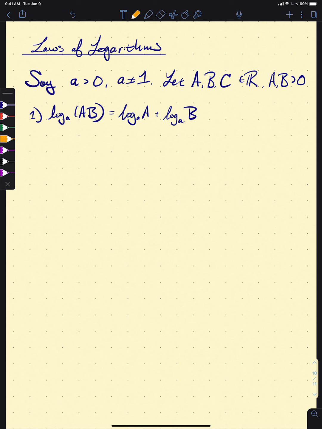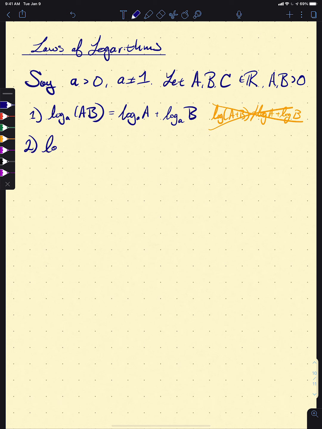An important note here is that log of A plus B equals log of A plus log of B is not true, okay? We cannot do this. There are specific values of A and B where this is possible, but as a general rule, that's not true, okay?